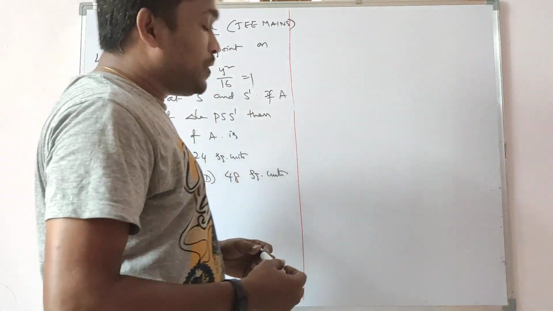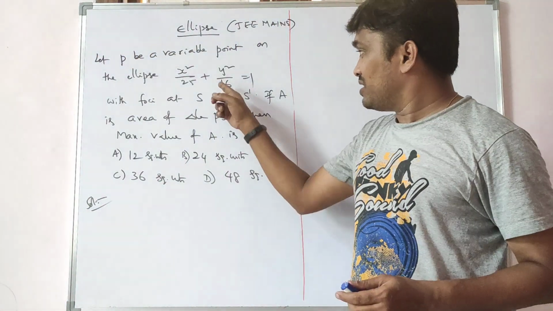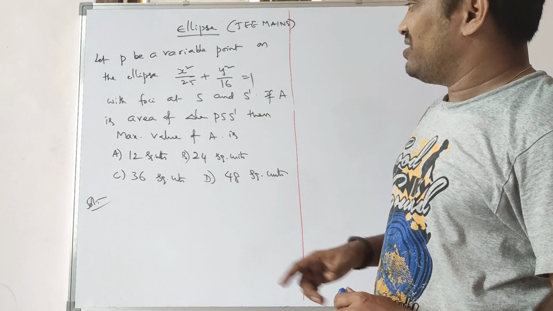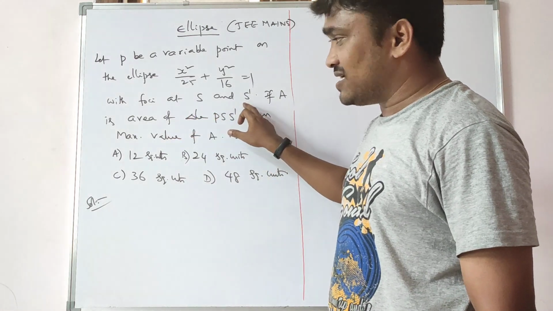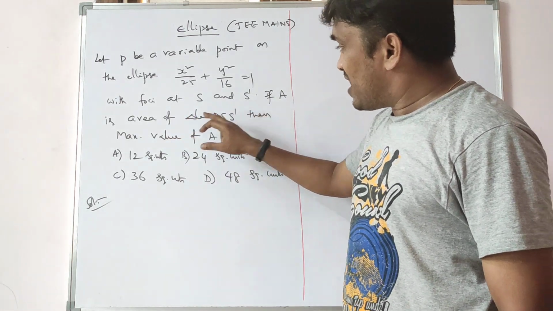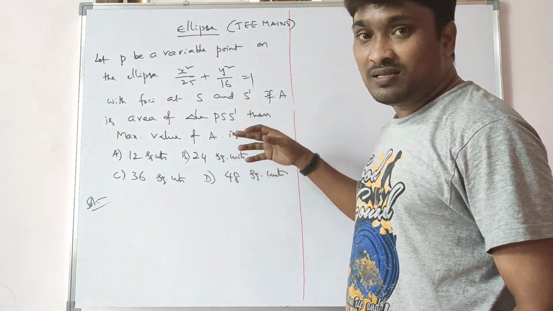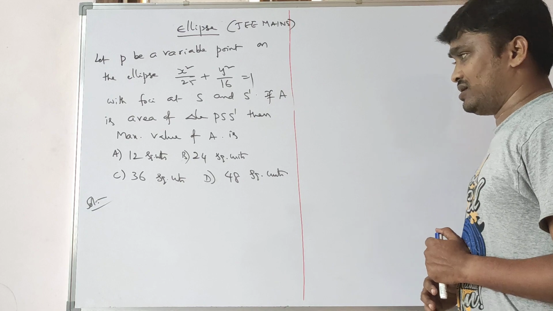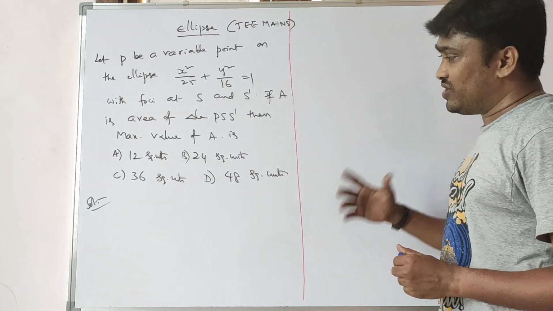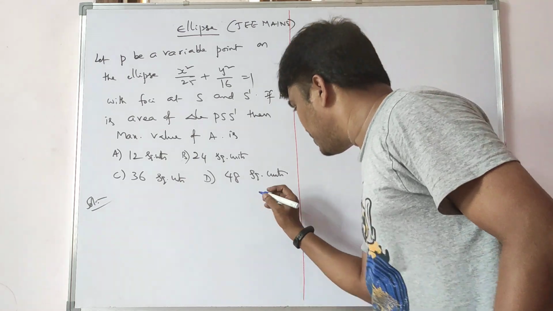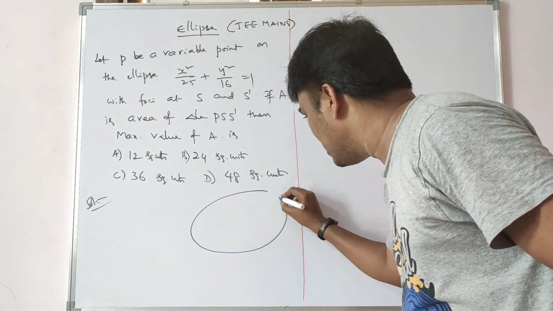Let P be a variable point on the given ellipse with foci at S and S dash. If A is the area of triangle PSS dash, then what is the maximum area A? Now see, this is the ellipse.